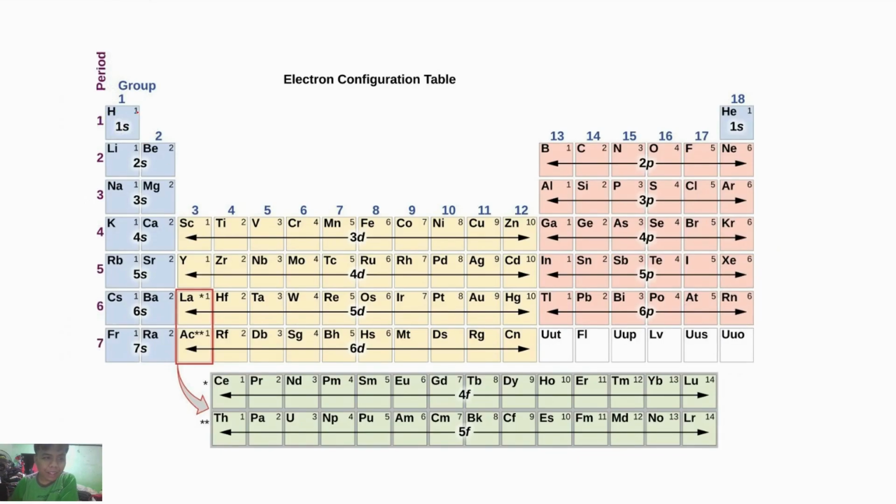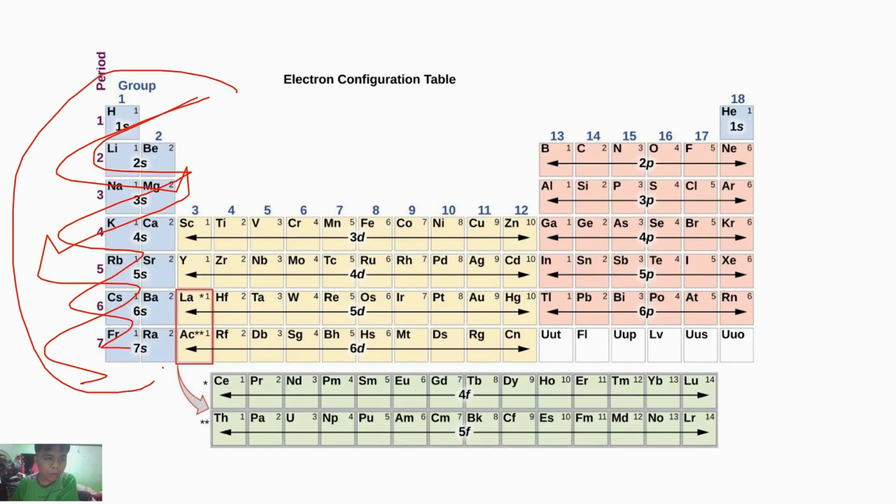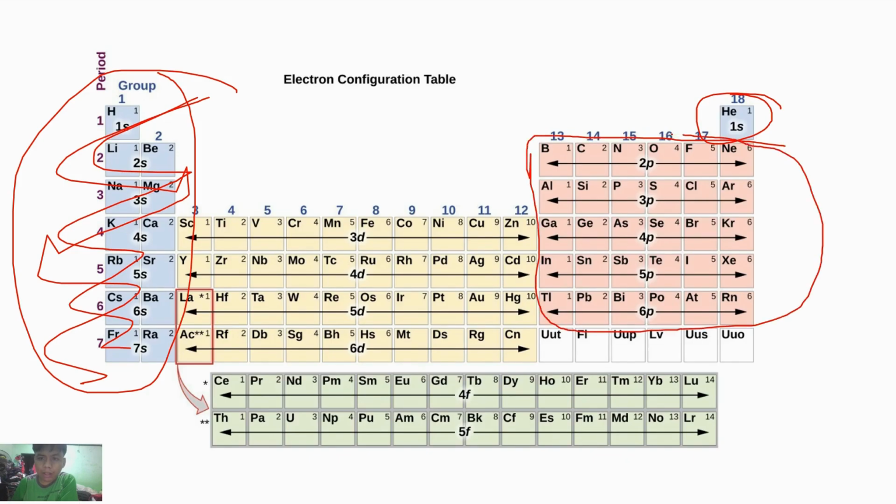Remember that in this block right here, in this period, this group is the s group, including helium. Below it, the red color is your p group.